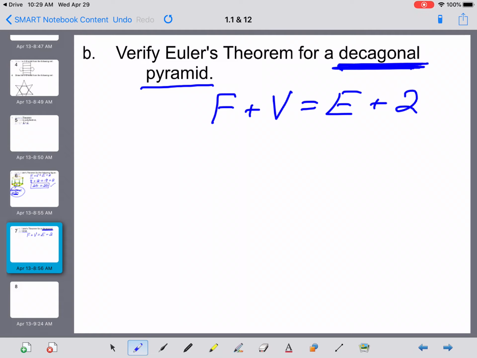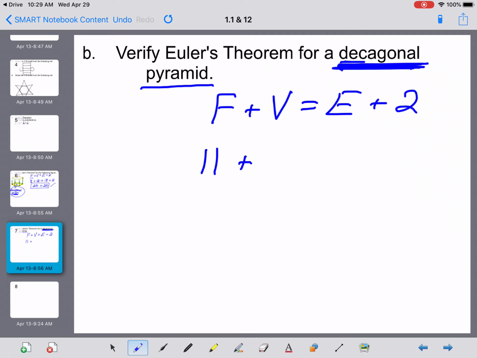A decagon, if you remember the DEC right there, has 10 sides, which means there are going to be 10 triangles going from the base on the bottom up to the peak on the top. So we know it now. The total number of faces: there's one decagon on the bottom, there's 10 triangles going up to the top. That makes a total of 11 faces in this decagonal pyramid.